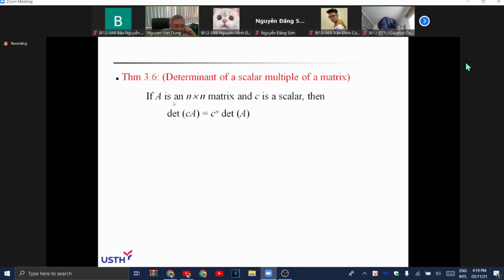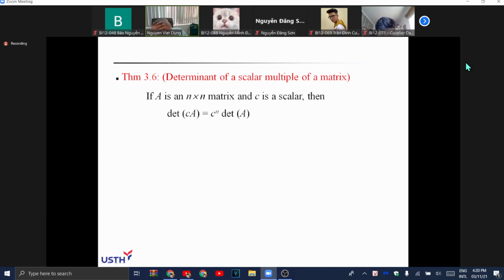The next one is the following. If A is an n by n matrix and C is any number, any scalar, then we have the determinant of C multiplied by A equals C to the power n multiplied by the determinant of A. Why can you have that?